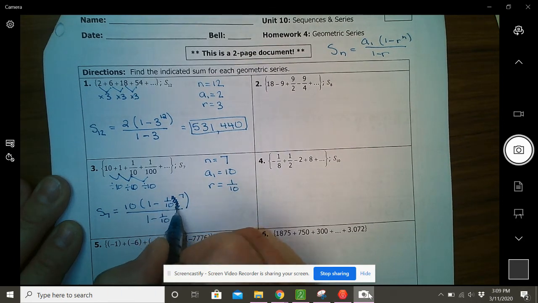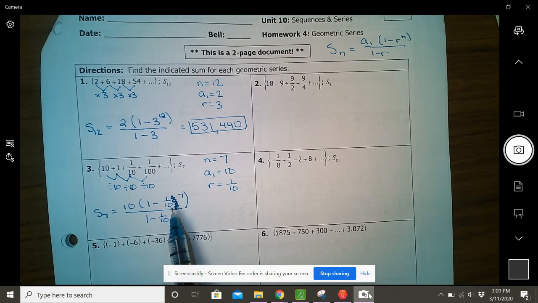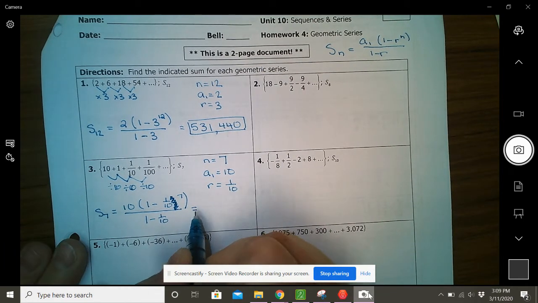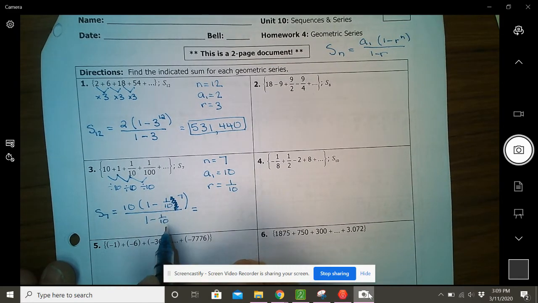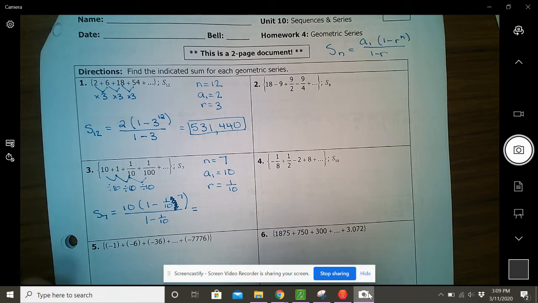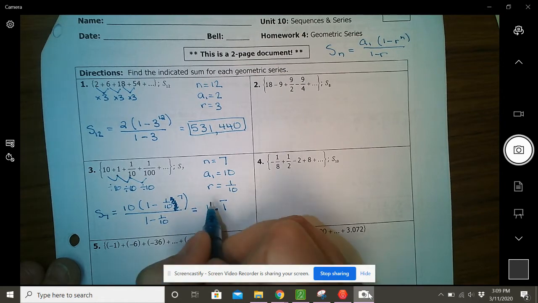It's very important where those parentheses go. That 7 is the power on the 1/10. Okay, so if I take this over into Desmos, be careful of where you put everything. Be really careful. Add another parenthesis around these fractions if you feel like you need it. You should be getting 11.1 repeating.